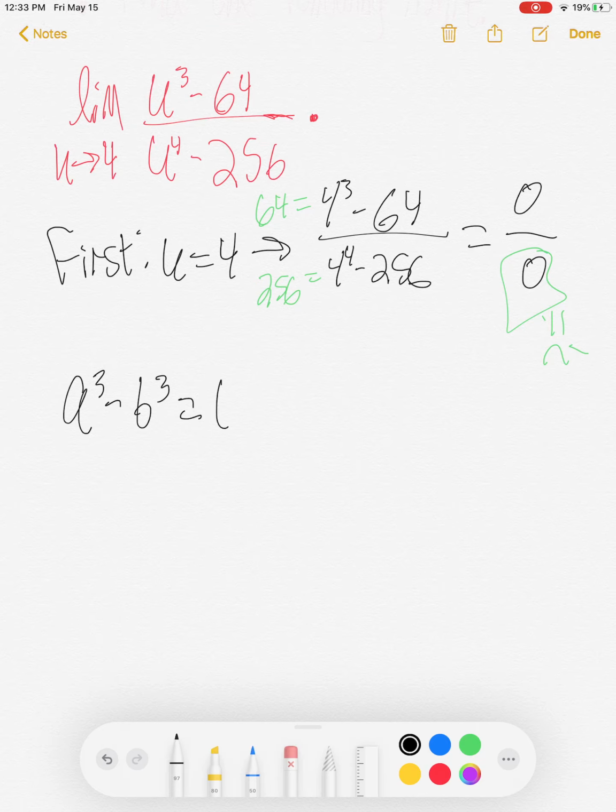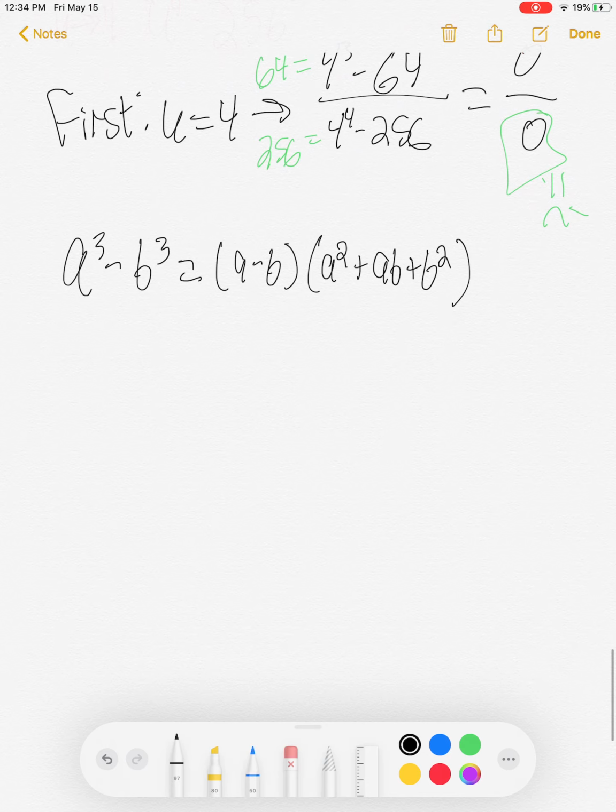So we're going to use the difference of cubes formula, which again, I'm sure everybody knows off the top of their heads. And again, that is a joke because I most certainly do not. So this then is a squared plus ab plus b squared. Okay, and if you don't believe me, well, let's multiply this out to check ourselves real quick.